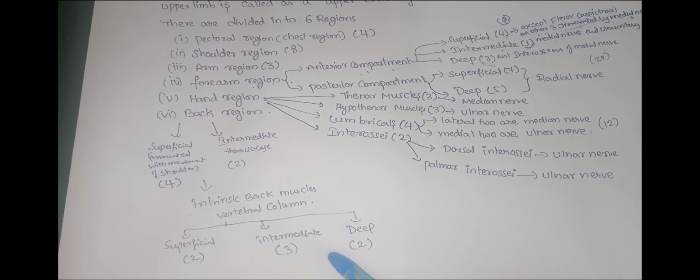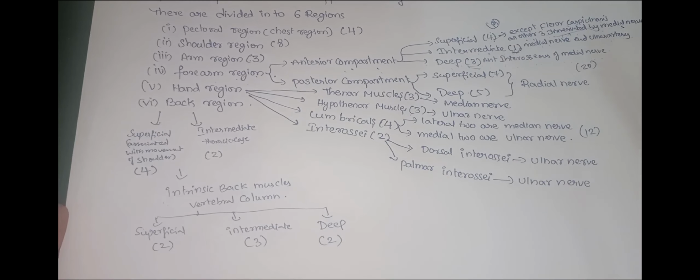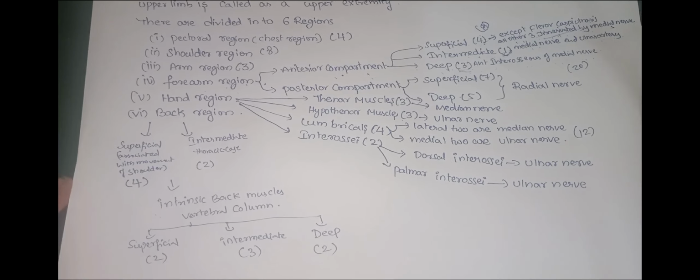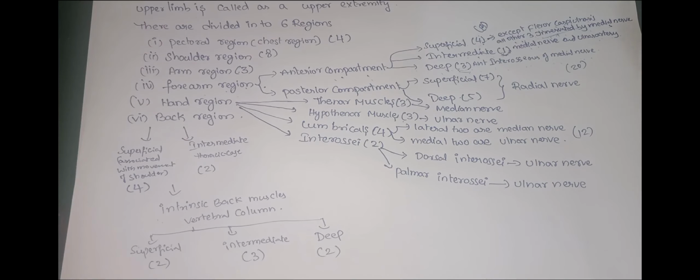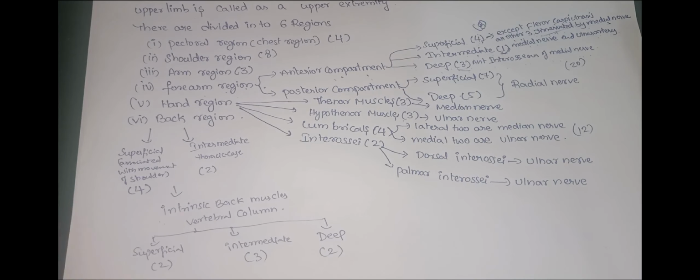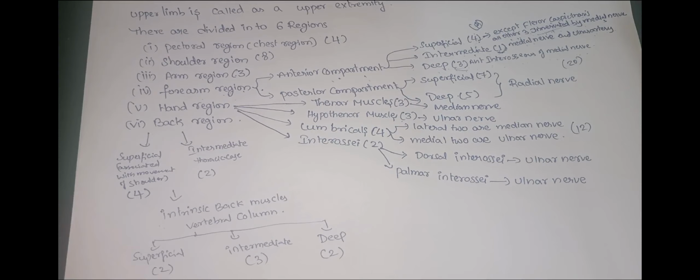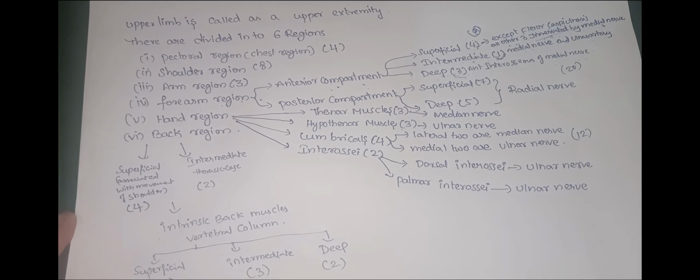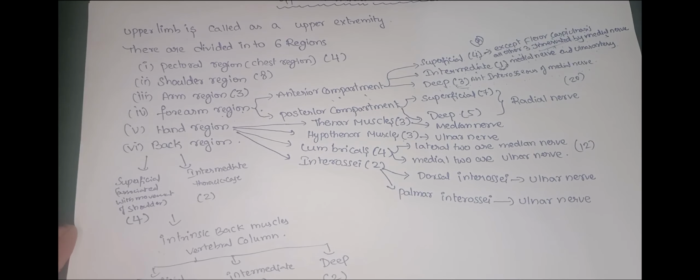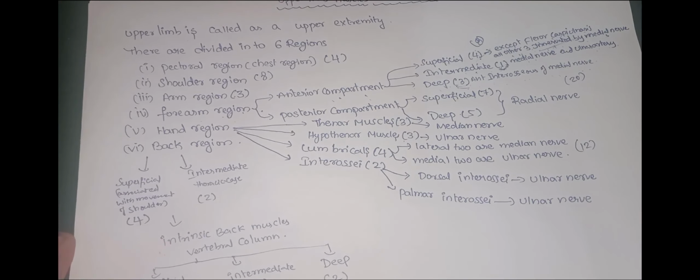So this is a general view of the upper limb muscles. Friends, remember, this is not in detail. In the next sessions we are going to discuss each and every region in detail.